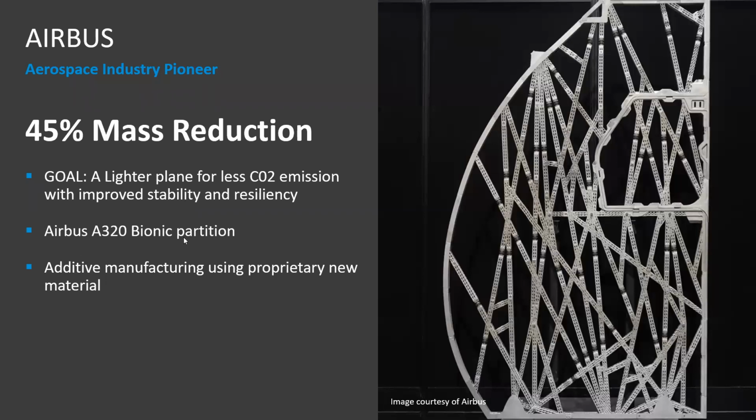Airbus A320 Bionic partition. Additive manufacturing using a proprietary new material. And you can understand that in the aerospace industry, if you are able to reduce the overall weight, then automatically efficiency, pollution, everything you can control. This is a real-time example. You can search on Google and get all the details also.